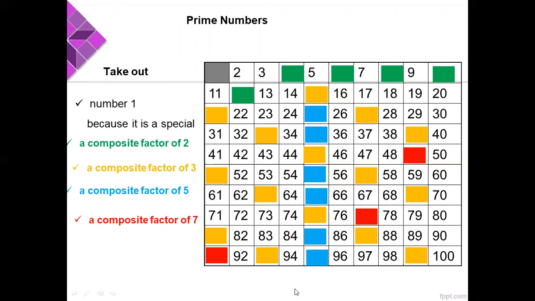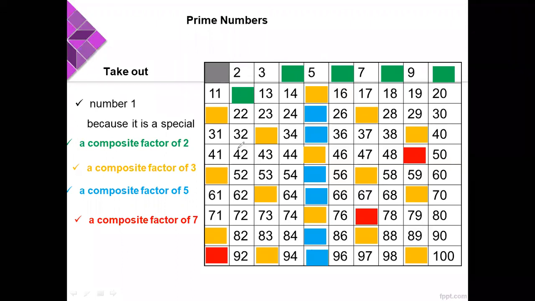Okay, I think there's something wrong here. Some numbers must be crossed out, like here. 22 is a composite, a multiple of 2. 32 is a multiple of 2. 42, 52, 62, 72, 82, 92.